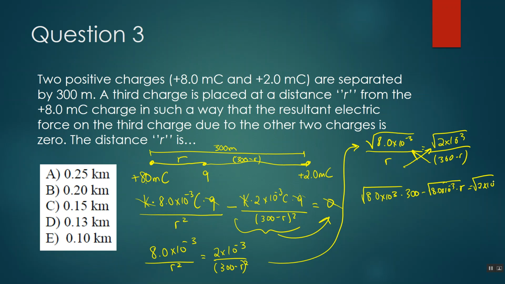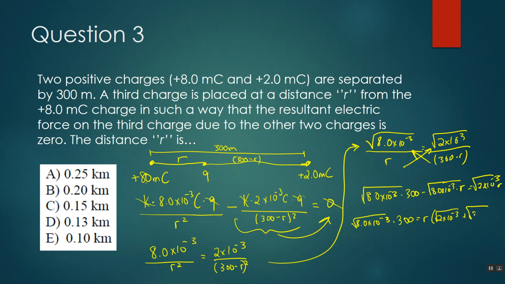And I bring all the r's to the same side, so I'm going to be left with the square root of 8 times 10 to the minus 3, minus here, multiplied by 300 is equal to r multiplied by root 2 times 10 to the minus 3 plus root 8 times 10 to the minus 3.